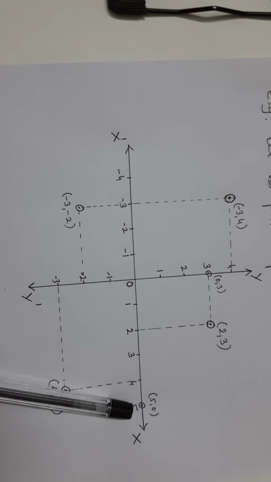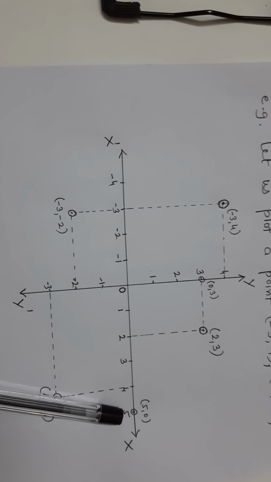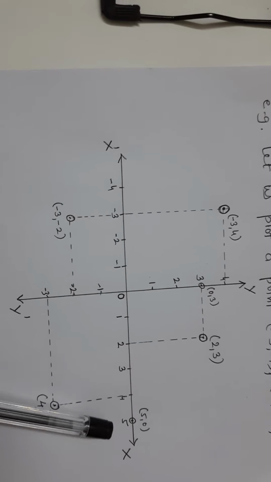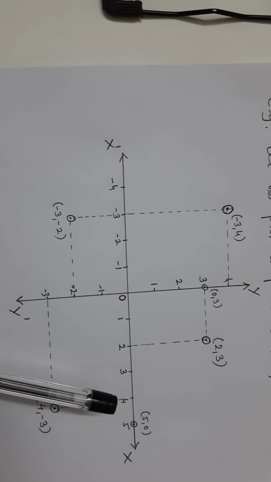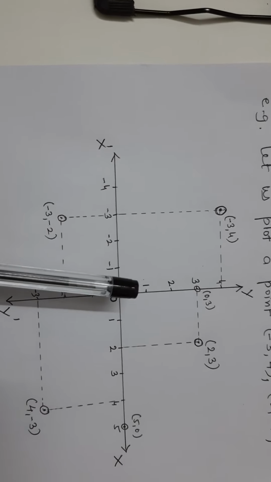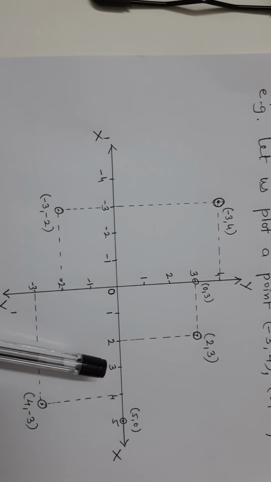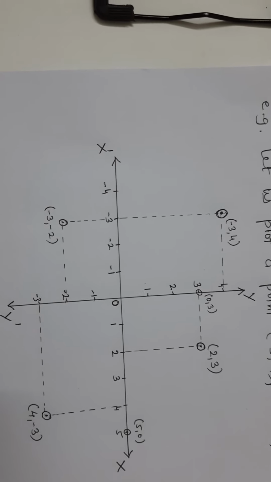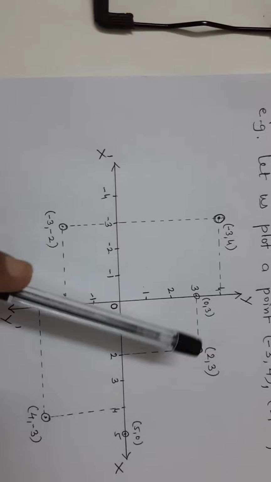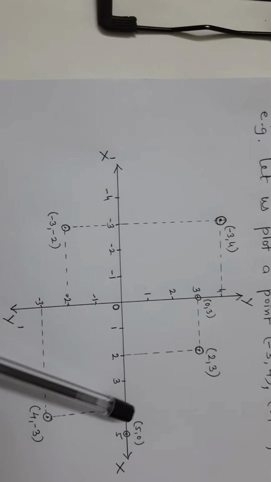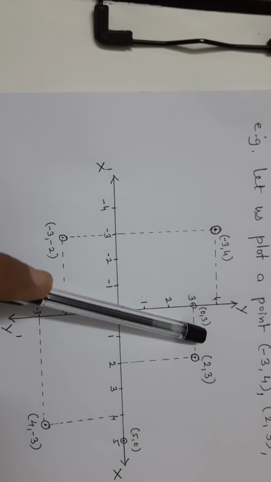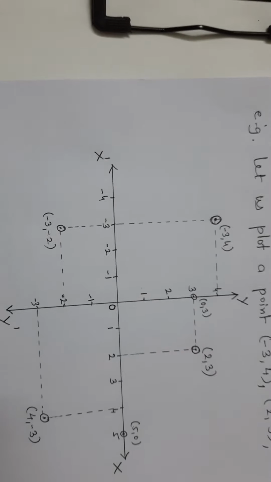And if a point is lying on y-axis, its x-coordinate will be 0. It's very easy to remember. If point lies on x-axis, y-coordinate is 0. If point lies on y-axis, x-coordinate is 0. So likewise, 5, 0 and 0, 3 are plotted on the axis.